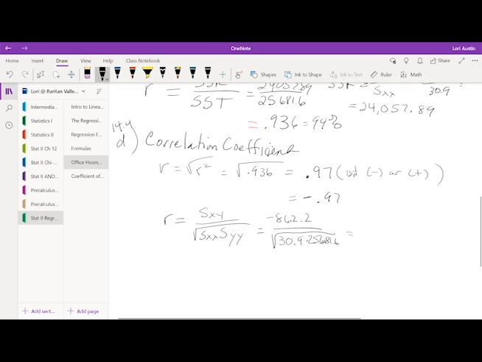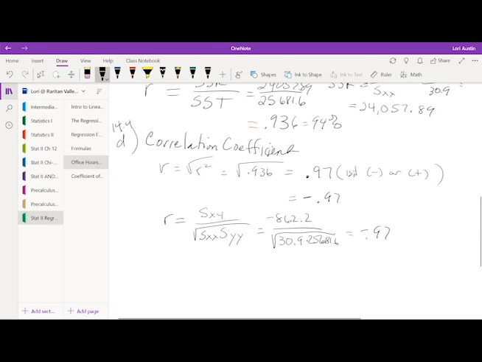So you can go through that just to double check yourself, but you should get the negative 0.97 or close to it. Yeah, you get the exact same thing.